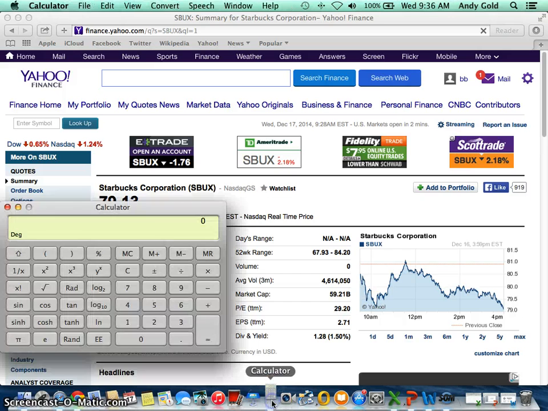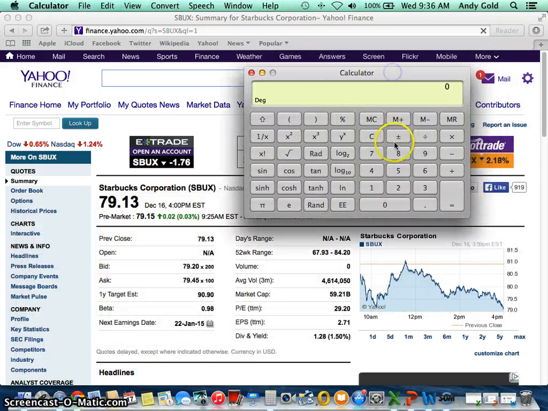Well, we can get a calculator out and say 79.13 divided by the earnings per share, 2.71, equals 29.2. So that's an indication of how far ahead of its earnings a company is selling. The higher the PE ratio, typically the riskier an investment is, because the price has moved up quite a bit relative to its earnings.